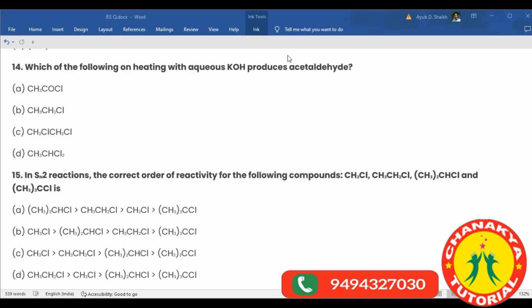First of all, you should know that primary alkyl halides react faster in SN2. So primary would be this, correct? So this possibility is ruled out. This is also ruled out. Only these two remain, correct?